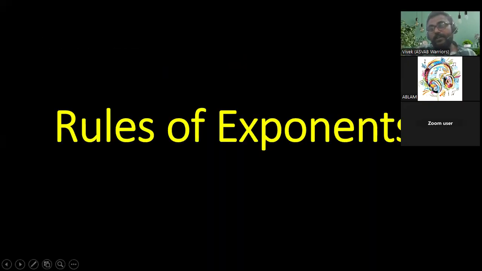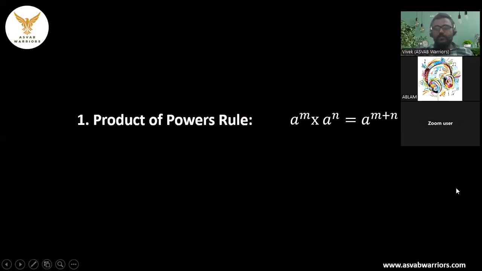Now we are going to learn in detail about the rules of exponents. So, the product of powers rule. Here, guys, please note this down in your notebook.